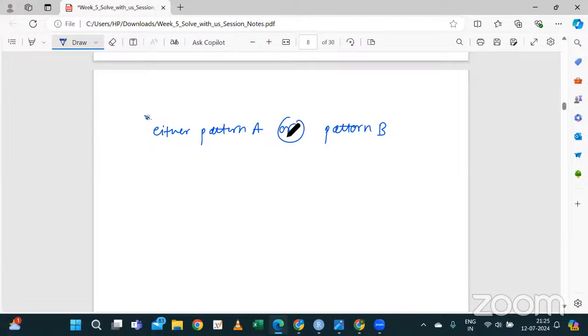So this is an OR case. That means I have to use addition. What are the number of ways to create the password of pattern A? 6,500. For pattern B? 2340. So this will become 8840, right?